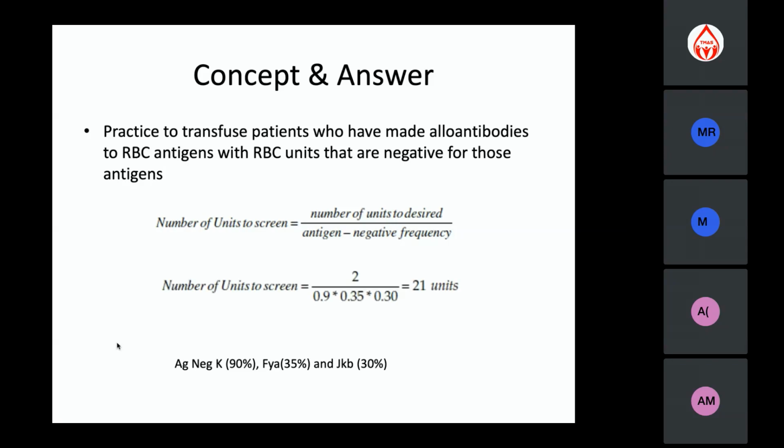For capital K it is 90%, so 0.9. For Fya it is 35%, so 0.35, and for Jkb it is 30%, 0.30. So the number of units required to screen to find 2 compatible units in this patient would be 21 units. If there is an ABO incompatibility involved, and you want the same ABO specific units, then you have to add the ABO prevalence frequencies in the denominator.